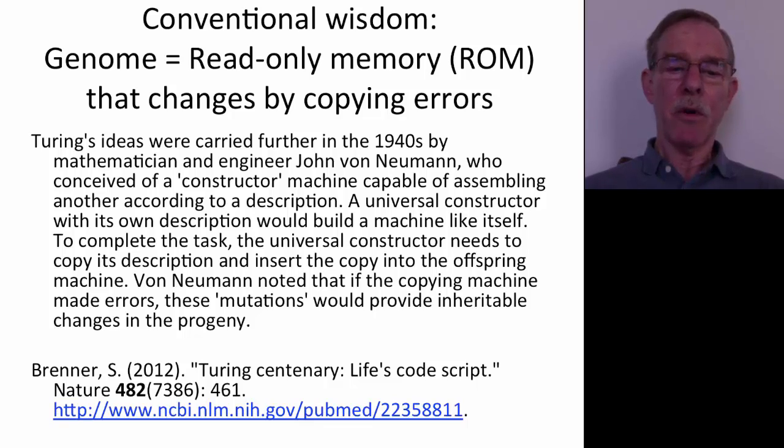I've included a quote here from Sidney Brenner, a Nobel laureate, from the 2012 Alan Turing Memorial, where he talks about the genome as a read-only memory in a von Neumann machine, which can construct copies of itself. And the only source of heritable variation is copying errors.